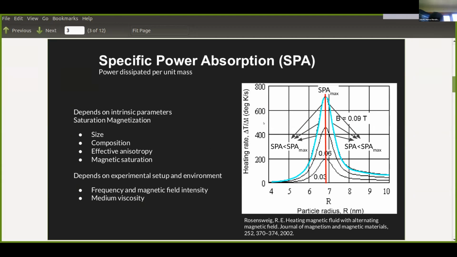This plot illustrates the heating rate as a function of radius for different applied fields, but with all other parameters fixed. We see how, in this condition, there is an optimal radius for which the power absorption is maximum, and above or below this value, the power absorption decreases.